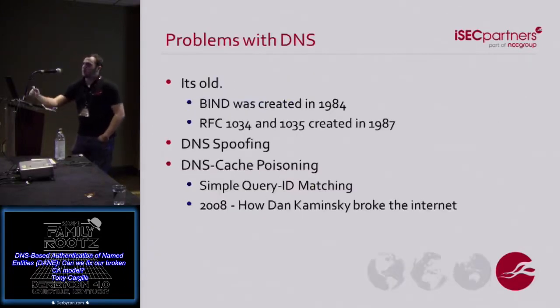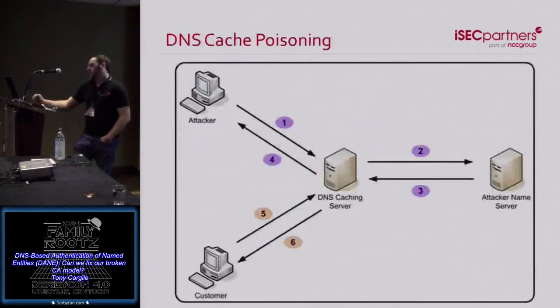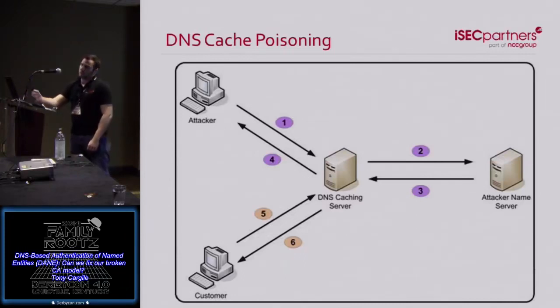That's the most apparent problem with DNS, but then there's also the issue of DNS cache poisoning. The first problem was that all it really takes to forge a DNS response is the query ID, a 2-byte identifier for the request. Say a client goes to a DNS caching server and says, I want www.bank.com.